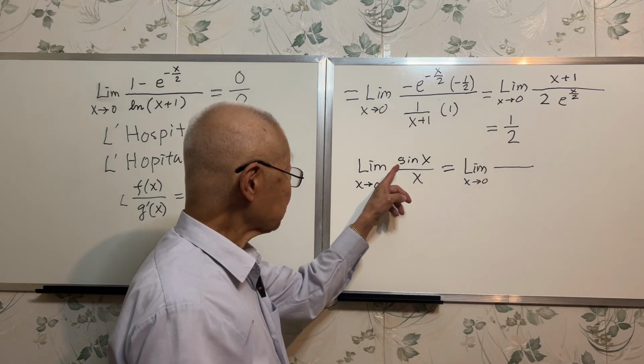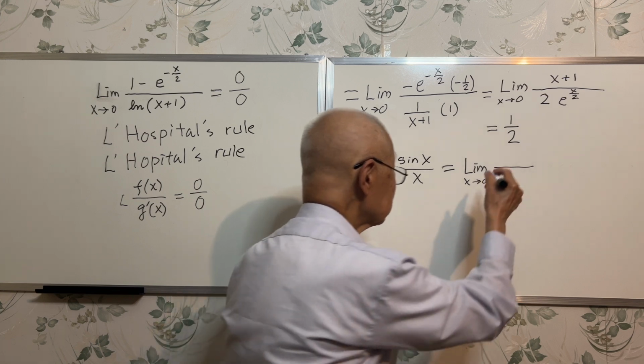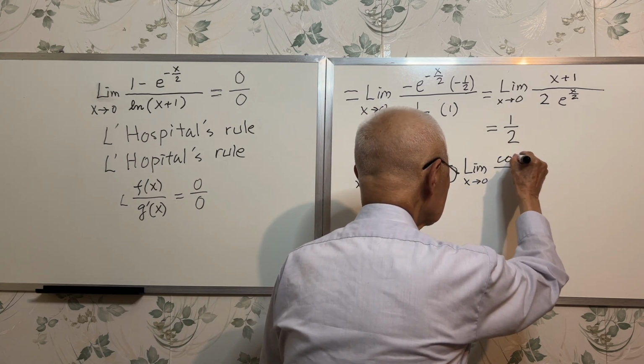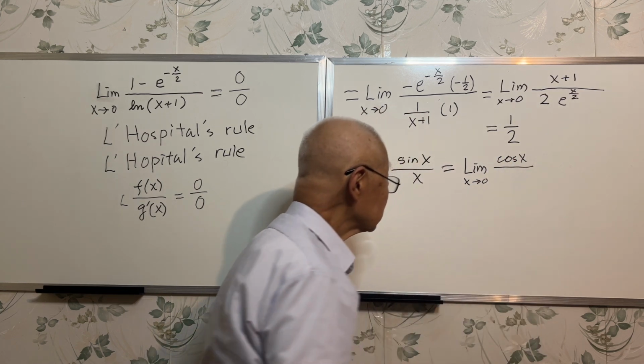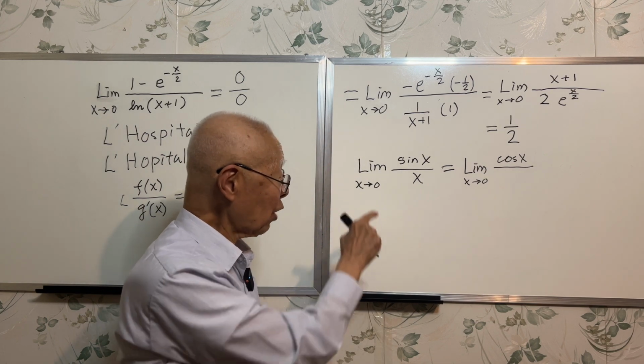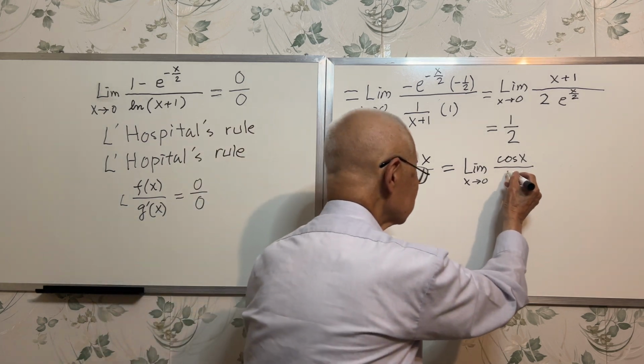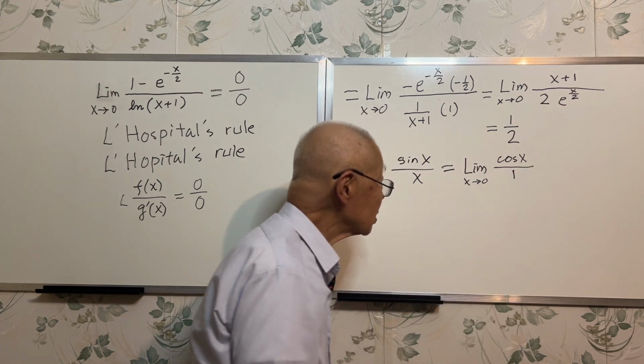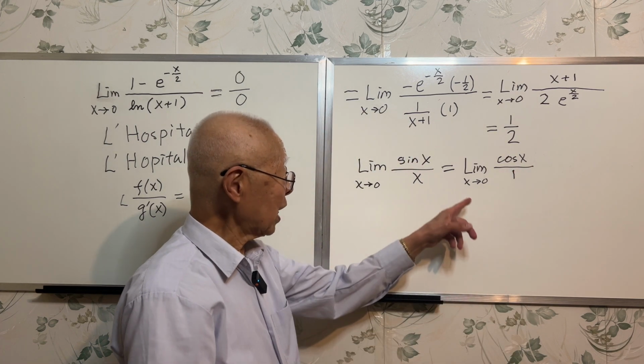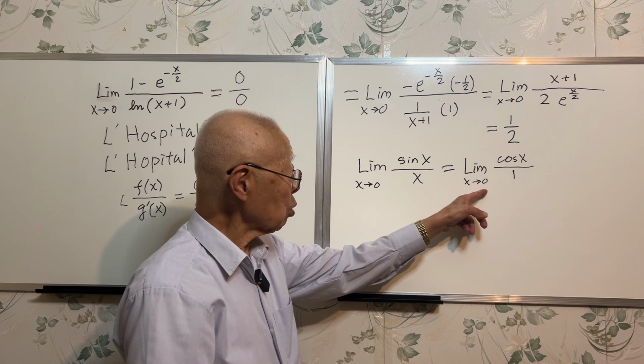The derivative of sine x is cosine x. The derivative of x is 1. Then we do the limit again. X goes to 0.